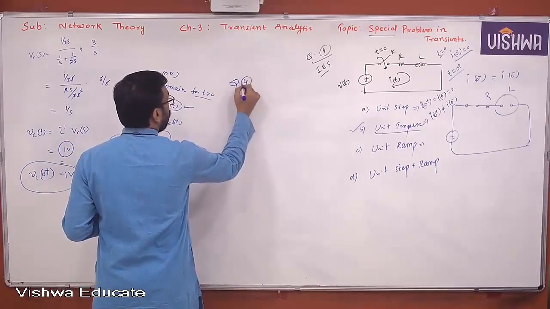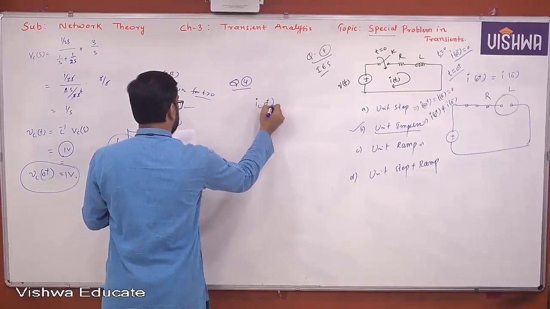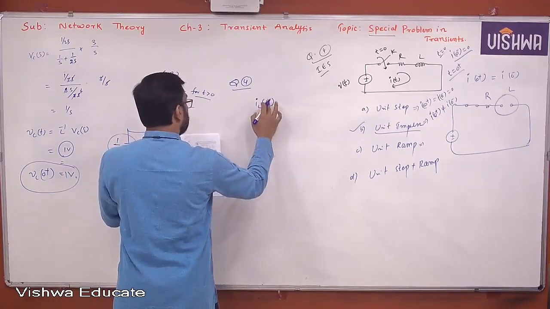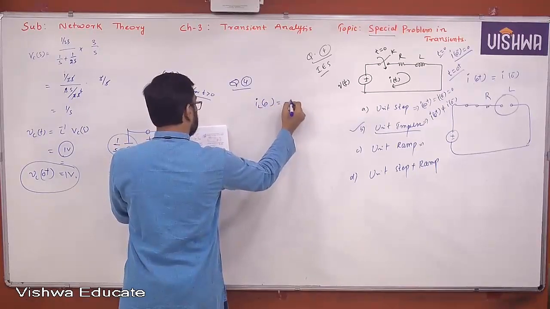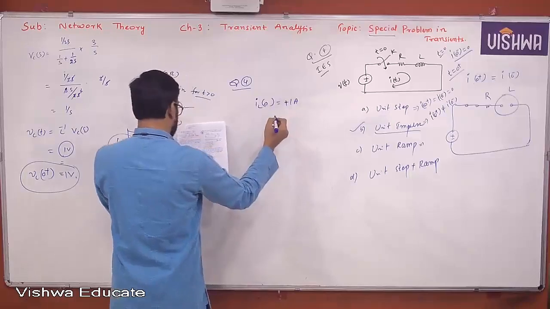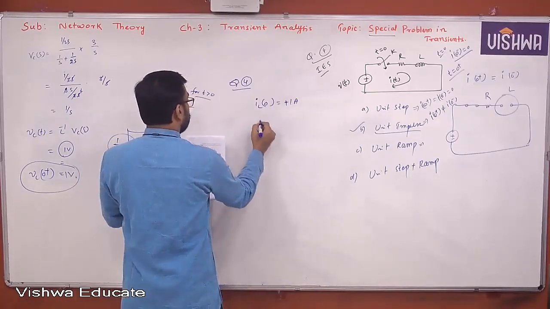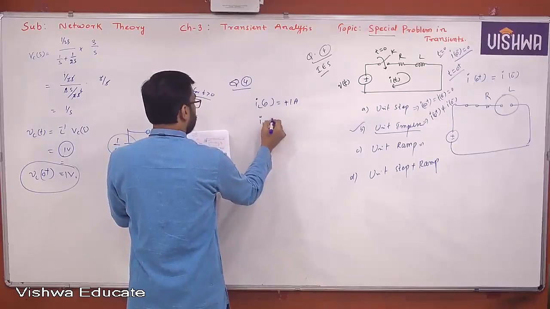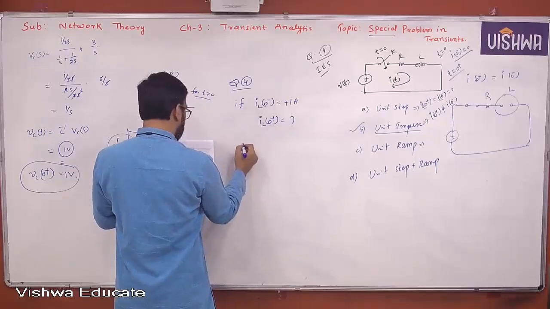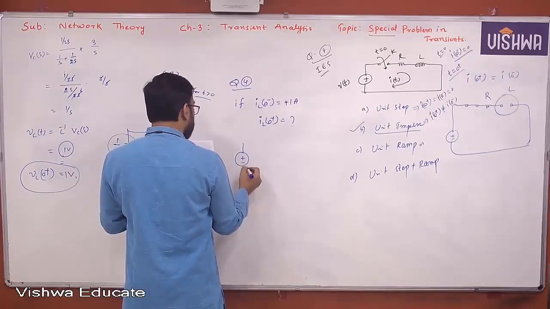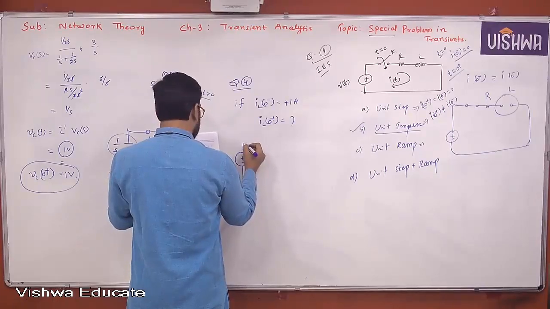Question number 4. If IL of 0 minus is plus 1 ampere, then what is IL of 0 plus?